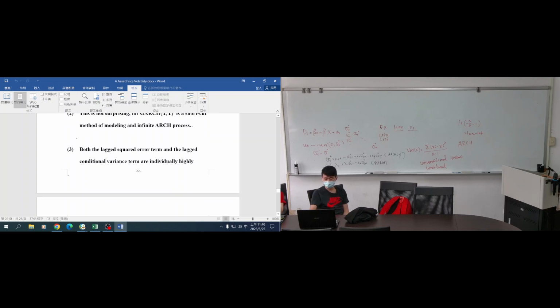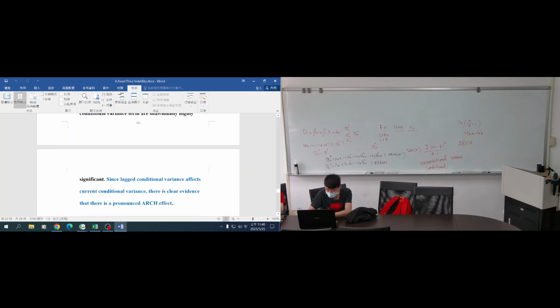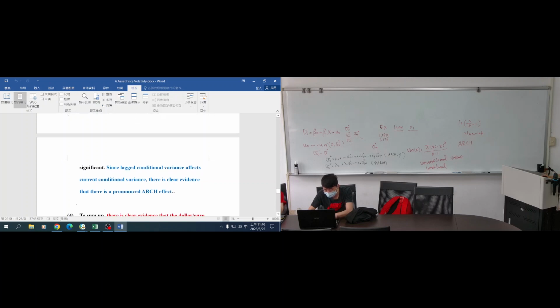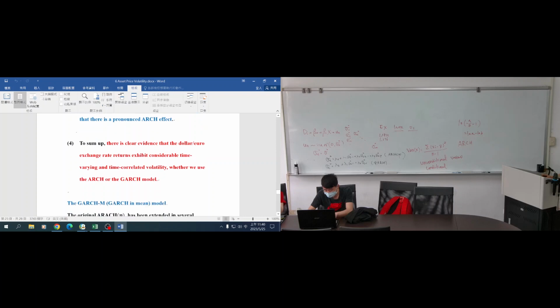Both the lag square error terms and lag conditional variance terms are individually highly significant, right? Since the lag conditional variance affects the current conditional variance, there's clear evidence of a pronounced arch effect. So the summary is that it is clear evidence that the dollar-euro exchange rate returns exhibit considerable time-varying and also time-correlated volatilities.